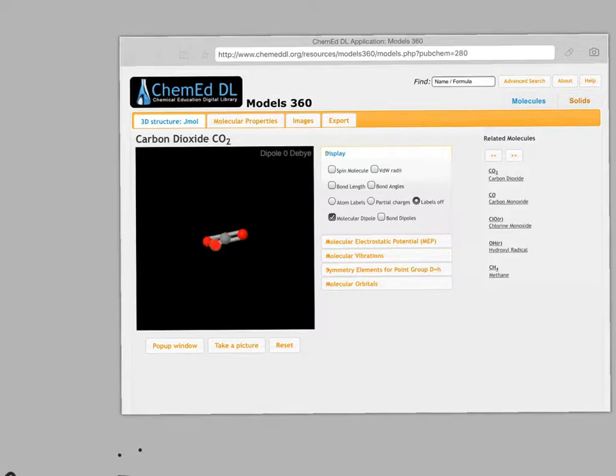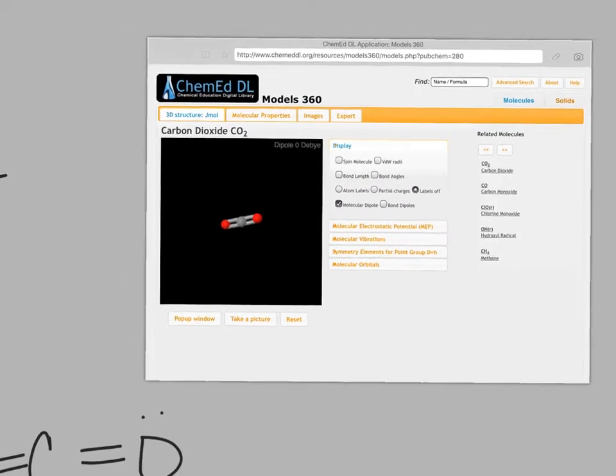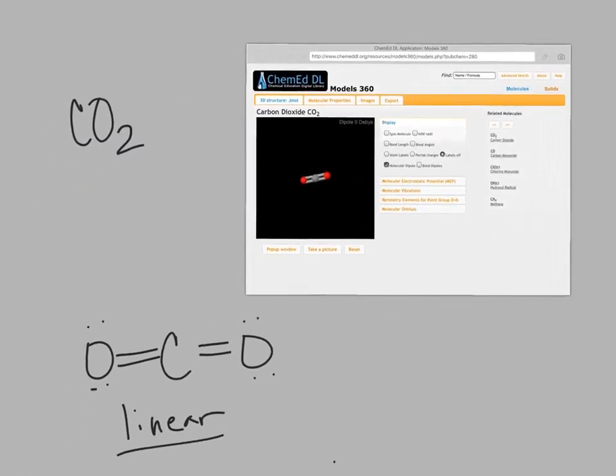So there's no dipole on that, and it's because it cancels out. You have this one pulling this way, and you have that oxygen pulling the electron density that way, and so overall in the whole molecule it cancels out.